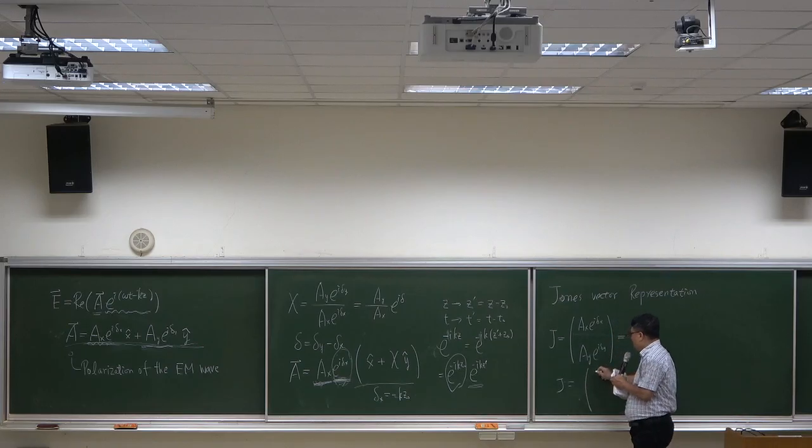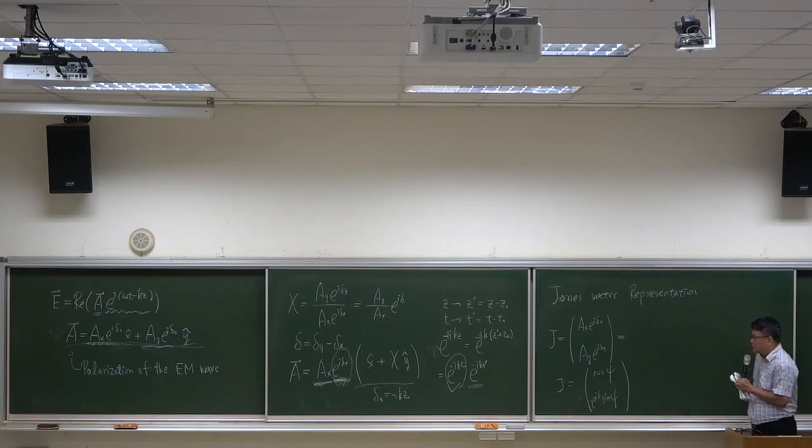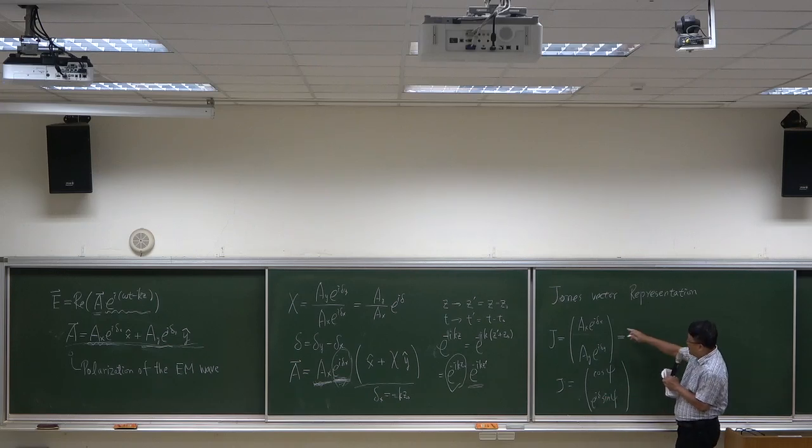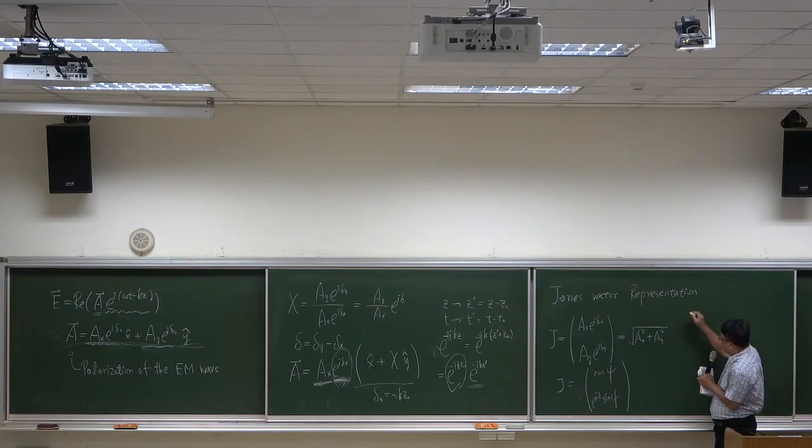So if I normalize this Jones vector, then we can rewrite J in the form cosine psi, exponential i delta sine psi. I can explain what cosine psi and sine psi are. We can factor out the square root of A_x squared plus A_y squared, and I can also factor out exponential i delta_x.